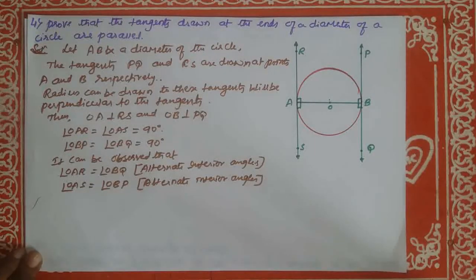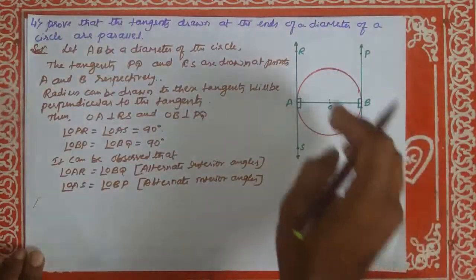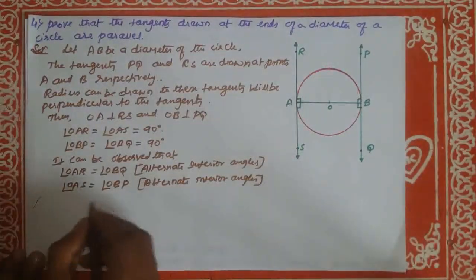See, since alternate interior angles are equal, lines PQ and RS will be parallel.